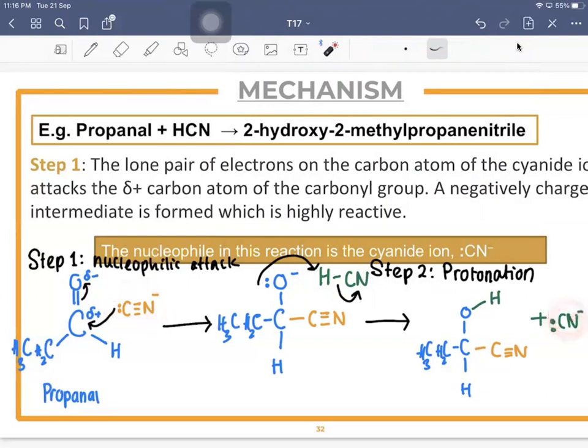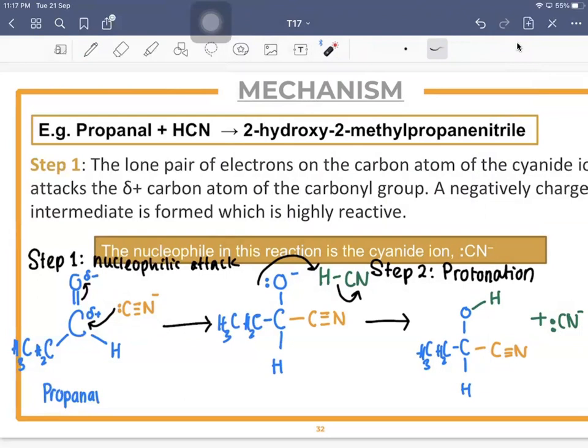So the cyanide ion in this case is what we call a catalyst because it stays unchanged. At the start, you have a cyanide ion. At the end, you also have a cyanide ion, even though it's not the same cyanide ion, but because you get the same thing back at the end of the reaction, this is the definition of a catalyst.